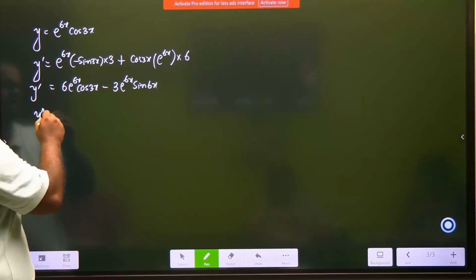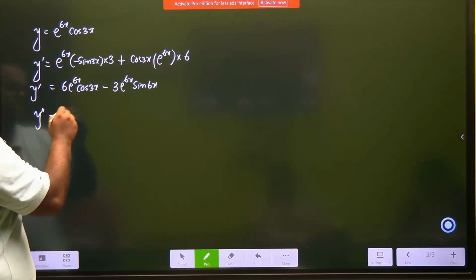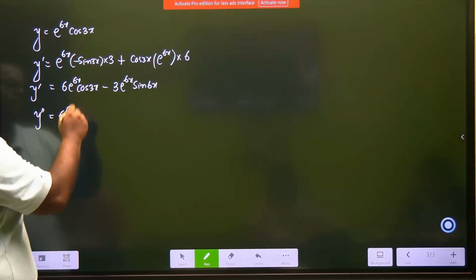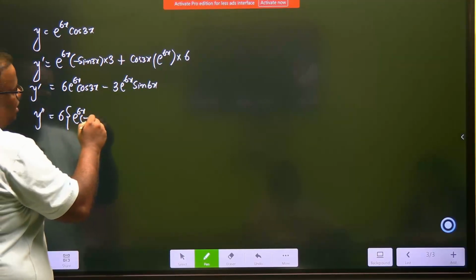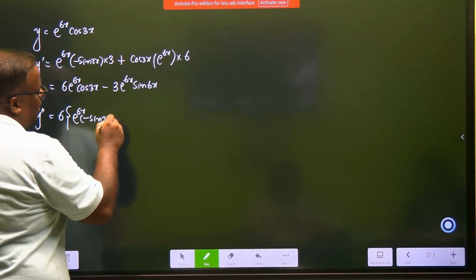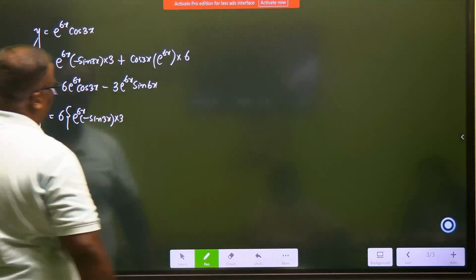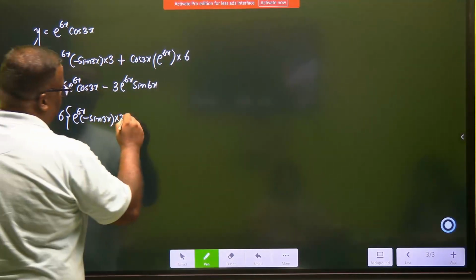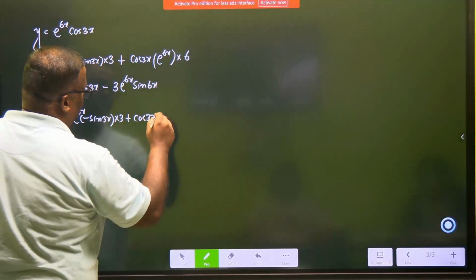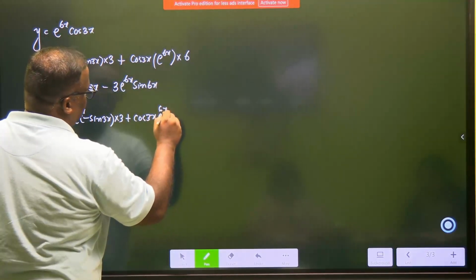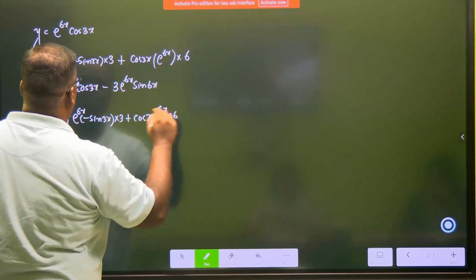Let's go with the second derivative. So 6 common, then first function into derivative of second function into a 3, right? Then second function into e to the power 6x multiplied by a 6.